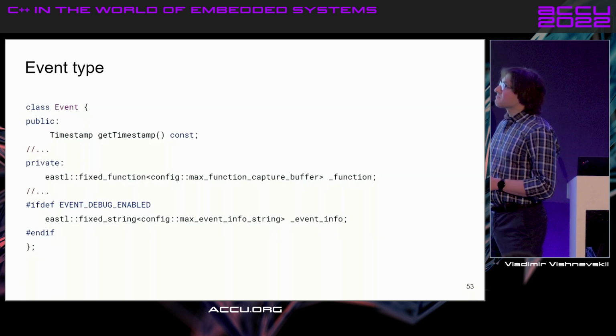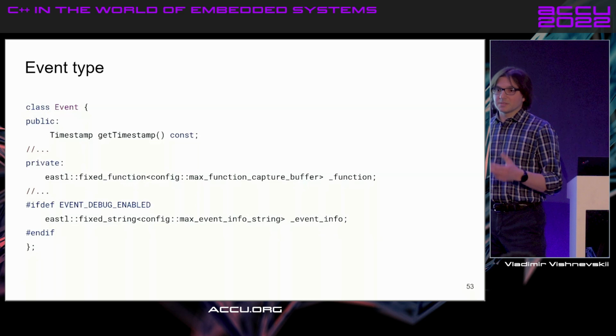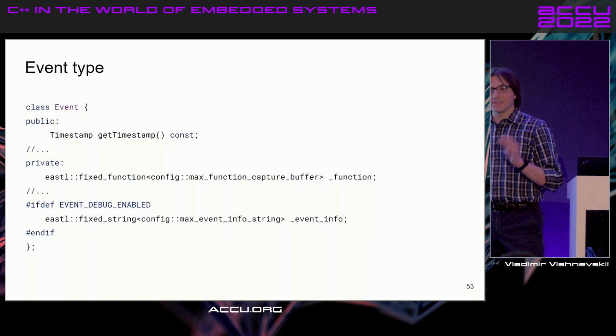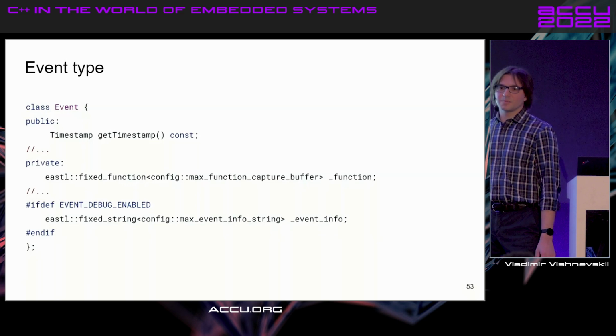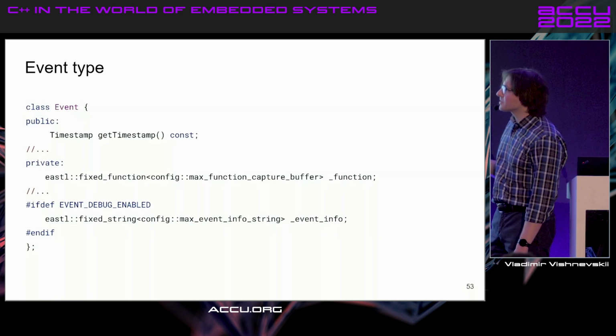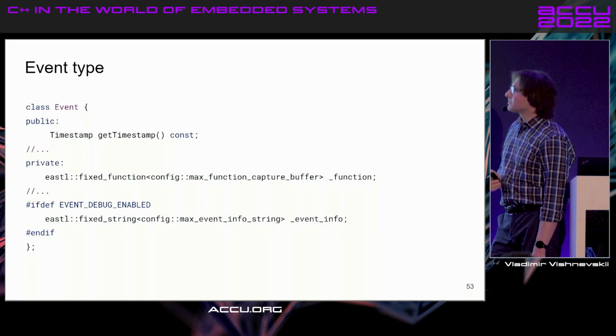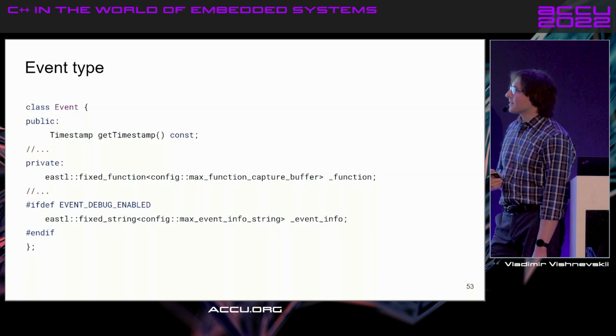First of all, let's have a look at the event type. This is by no means any kind of production code, just an example to demonstrate some things that we can use. It's worth mentioning that they exist.